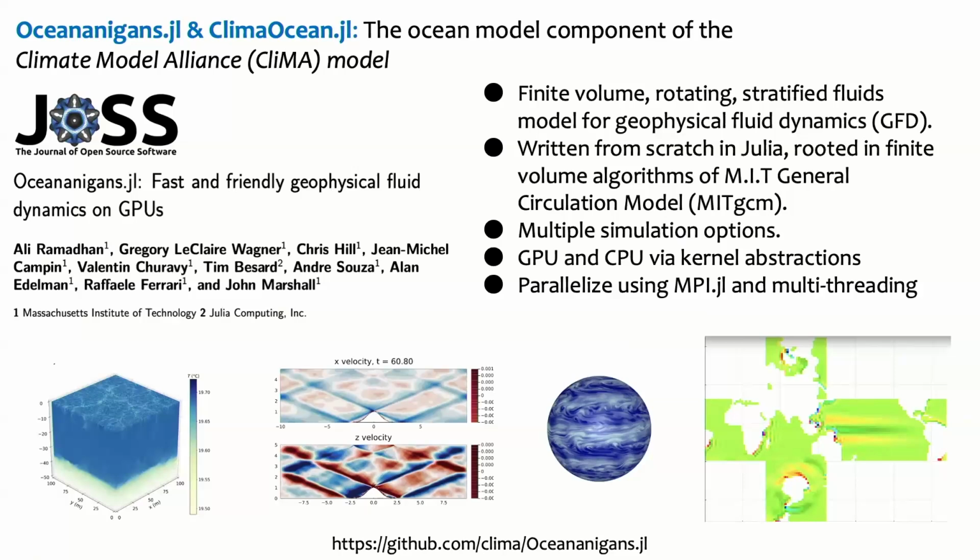So this is the first paper that came out with some idealized simulations of Oceananigans for both hydrostatic and non-hydrostatic simulations, and in terms of its numerics, it's not that much different from conventional ocean general circulation models, but there are some real advantages in how this implementation can harness GPU kernels.